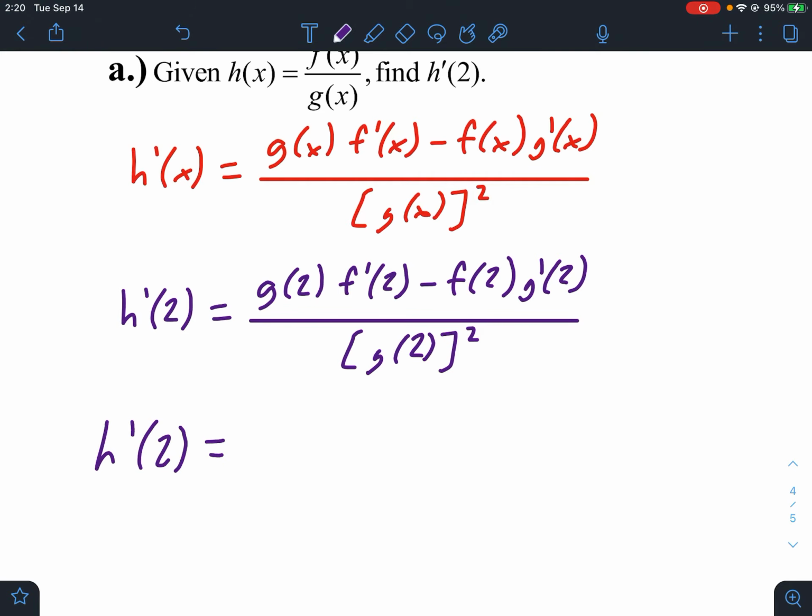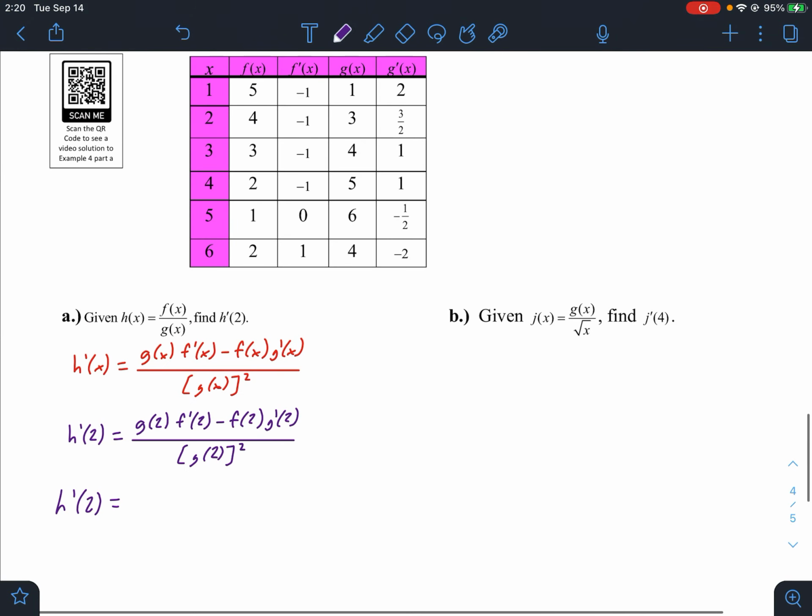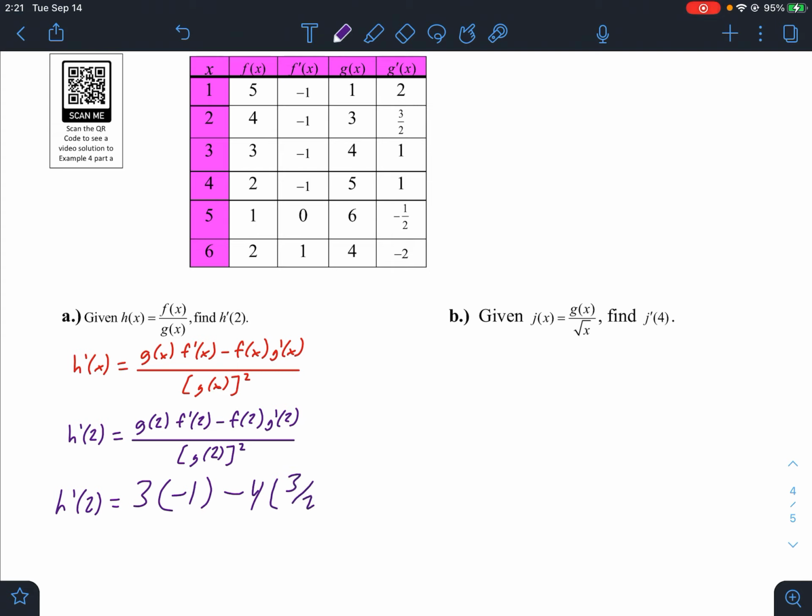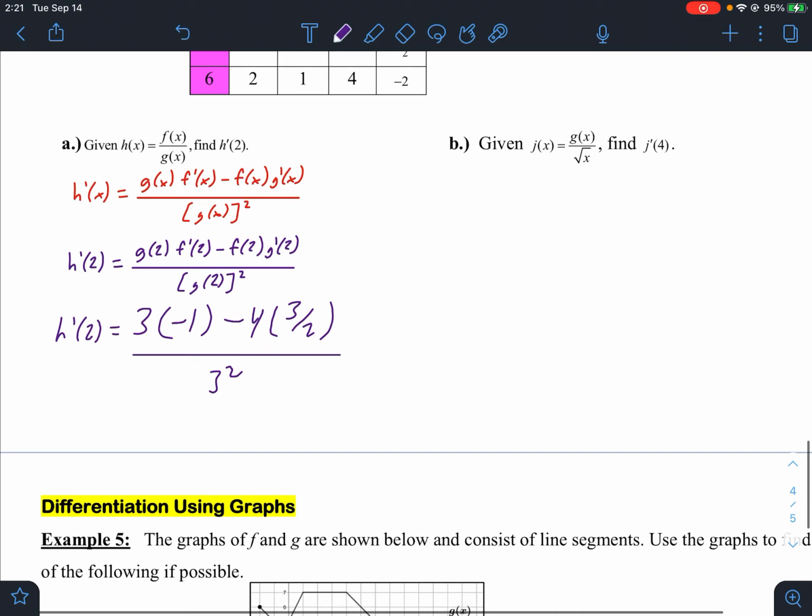So h prime of 2 equals g of 2, which is 3, times f prime of 2, which is -1, minus f of 2, which is 4, times g prime of 2, which is 3/2, over g of 2, which is 3, squared.